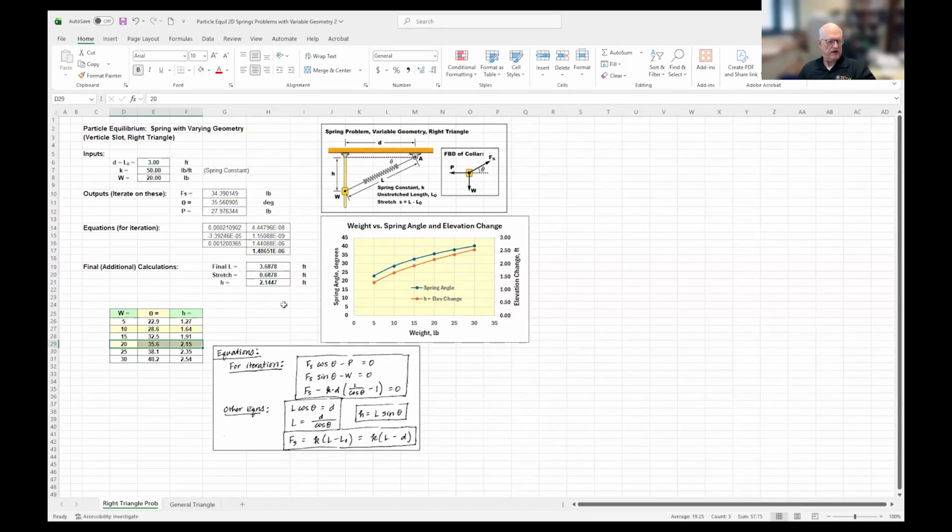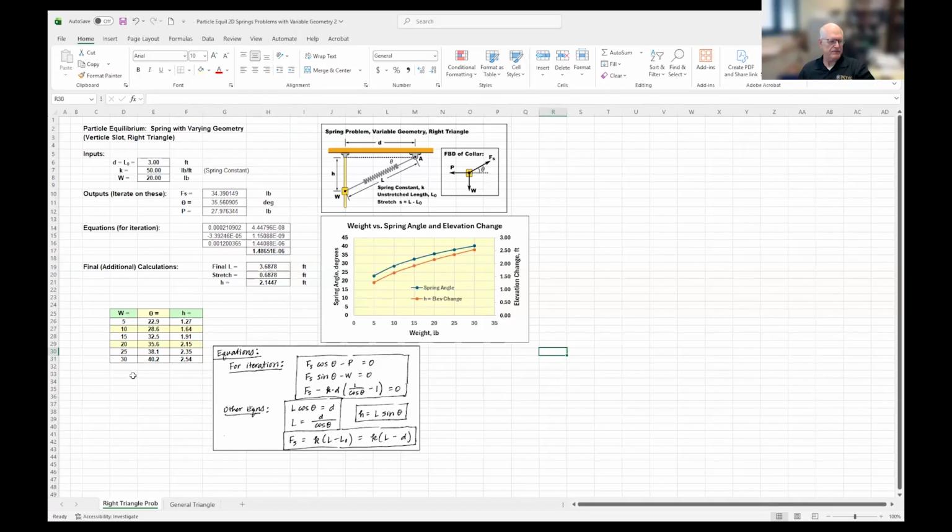Let's compare this to what I got earlier. 35.6, 35.6. Elevation change 2.145, 2.15. Okay, so I'm pretty much getting these numbers.